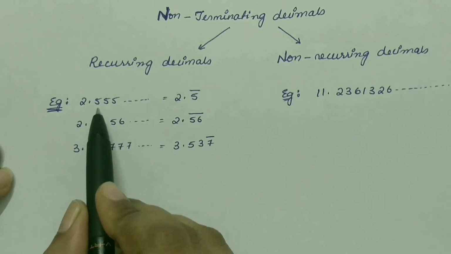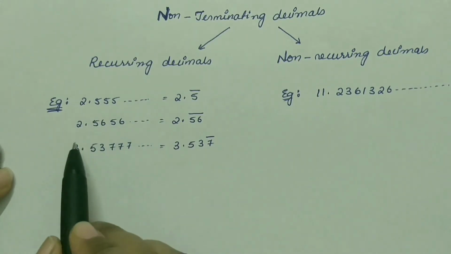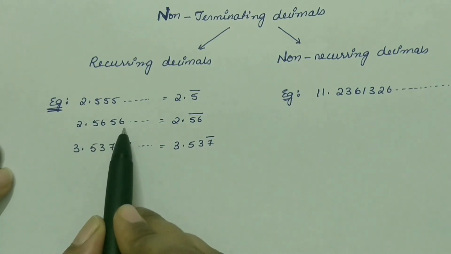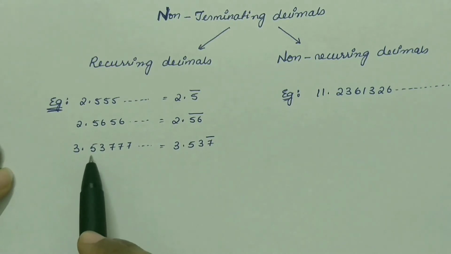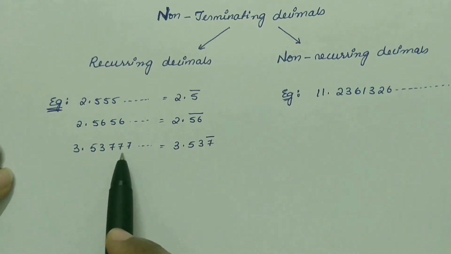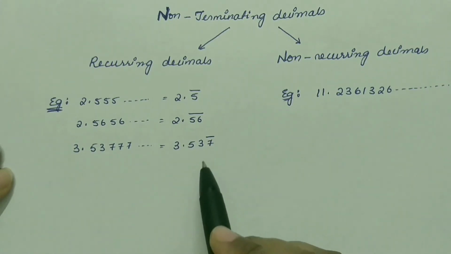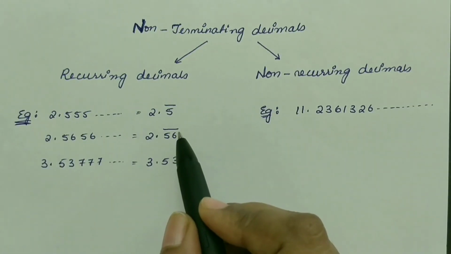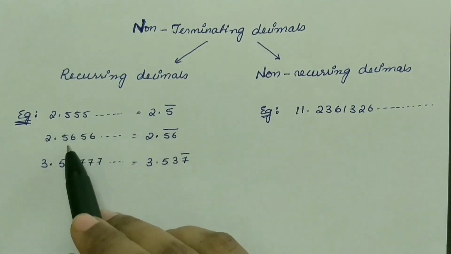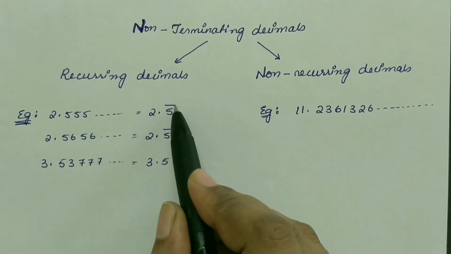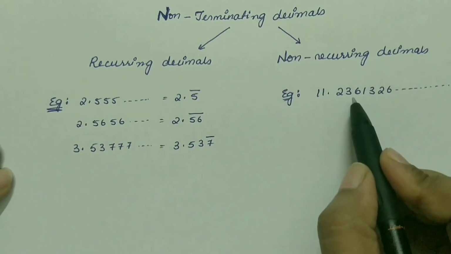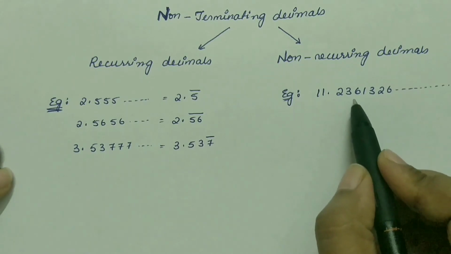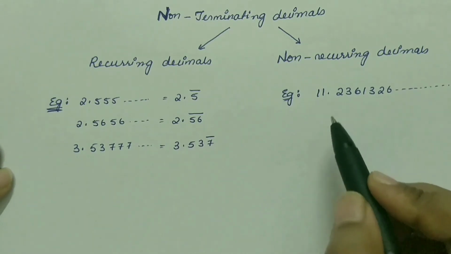In this, 5 is repeating. 2.5656. In this, 56 is repeating. 3.53777. In this, 7 is repeating. We represent the repeating digit or group of digits with a bar. In non-recurring decimals, no digit or a group of digits are recurring after decimal point.